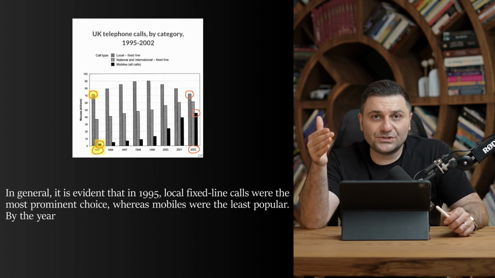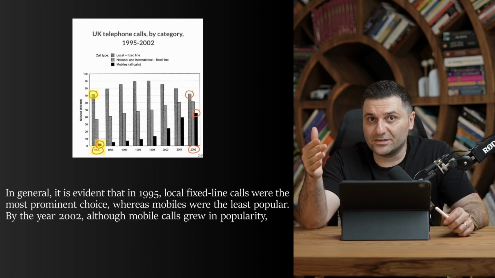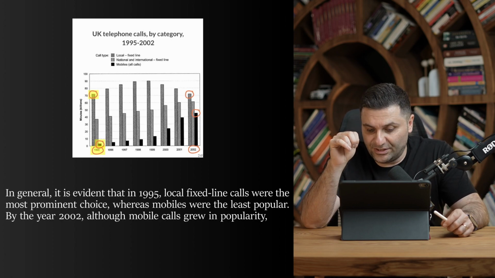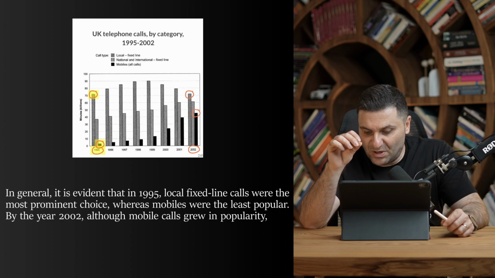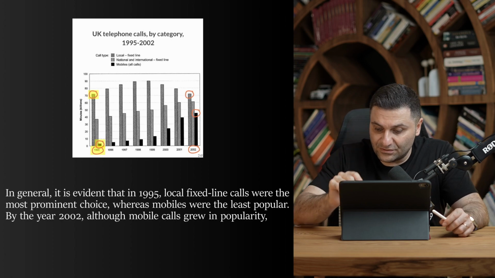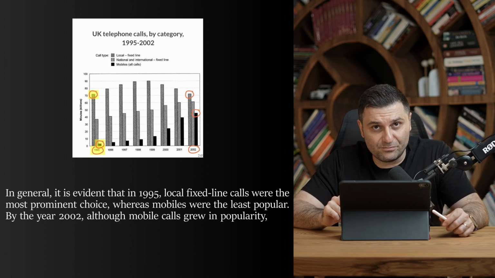By the year 2002, although mobile calls grew in popularity, so we can also mention this too, because in 1995 that was around, let's say, maybe 2 billion minutes. However, in 2002, it's around 45 billion minutes.